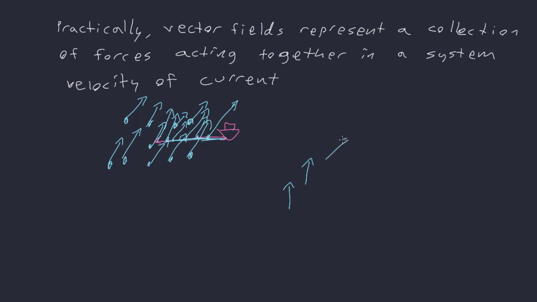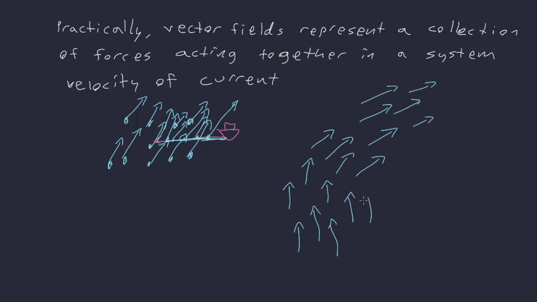It can also give you a sense of motion, because based on the field itself, and if you've taken differential equations already, you'll recognize this in slope fields more than likely.